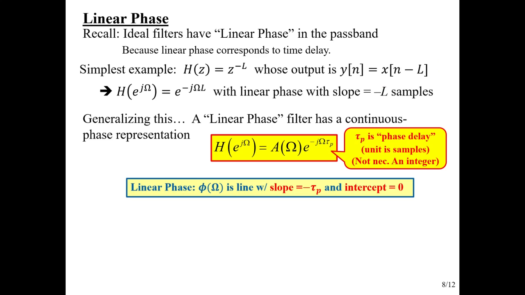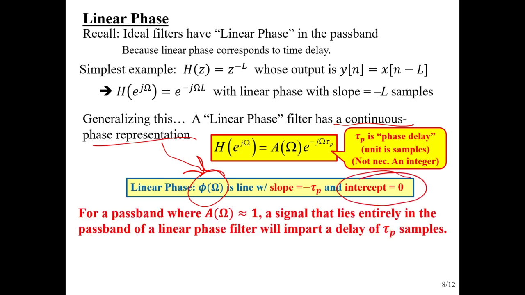So here's our definition. Linear phase, and here we're using phi of omega as the continuous phase representation, is a line with slope of minus tau sub p and an intercept of 0. So that's key.